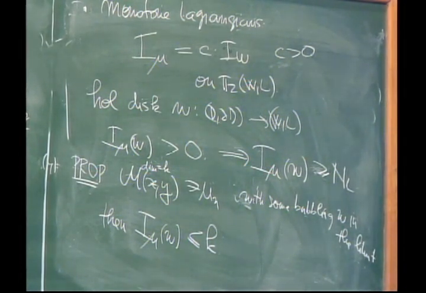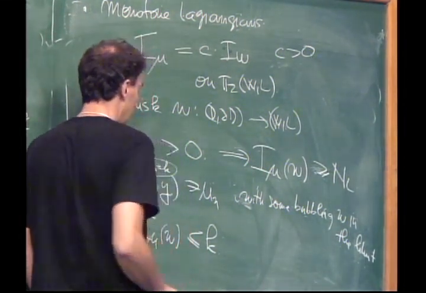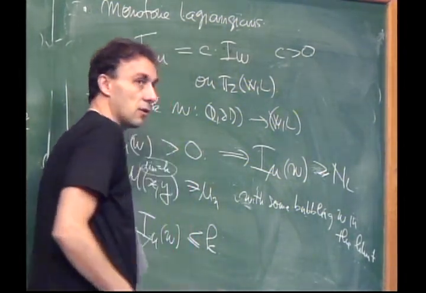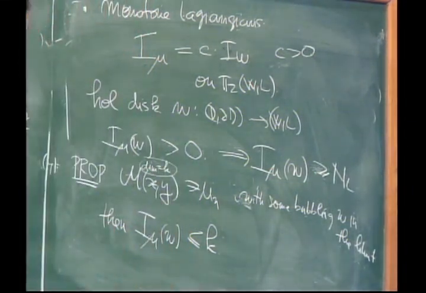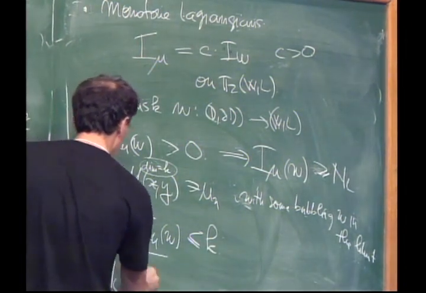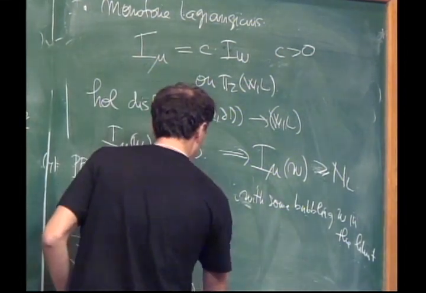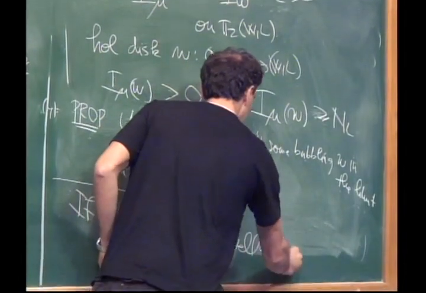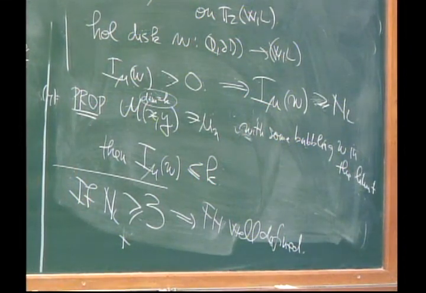So what you can put here as a condition in order to have Floer homology defined, because you only use spaces of dimension less than 2 in the construction, we simply put: if N_L is greater or equal to 3, then Floer homology is well defined.